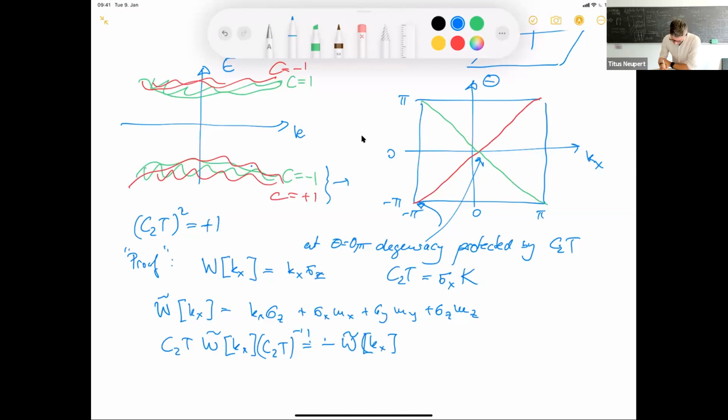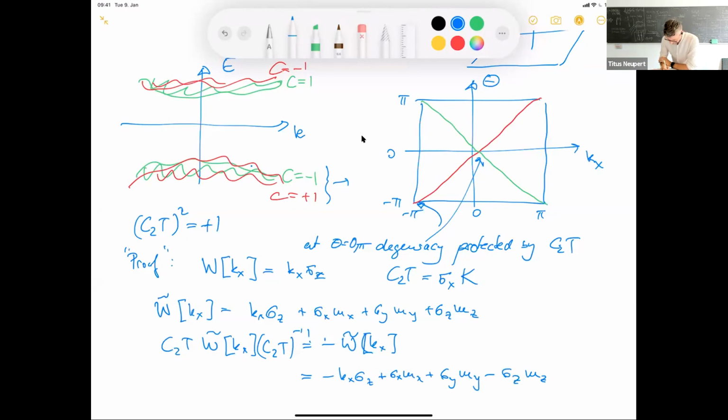And now if I actually compute what I have, I get minus Kx sigma z, and then I get plus sigma x mx plus sigma y my minus sigma z mz.